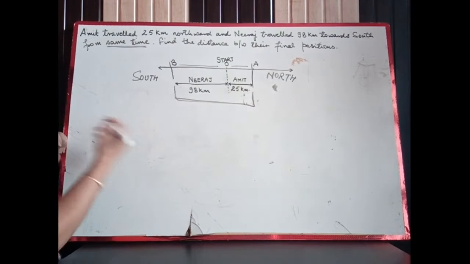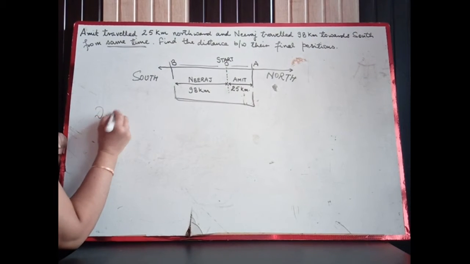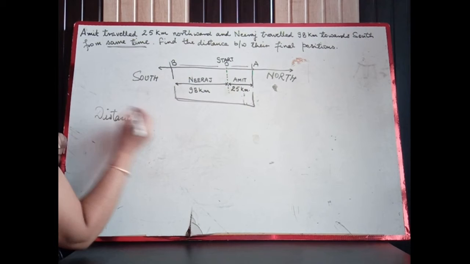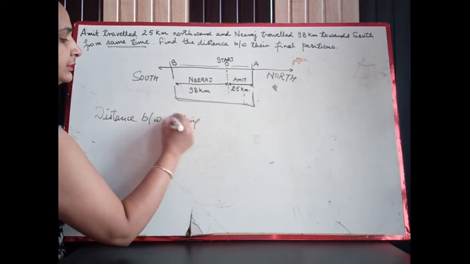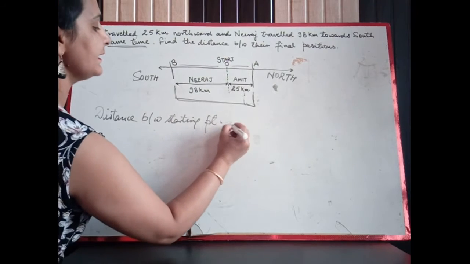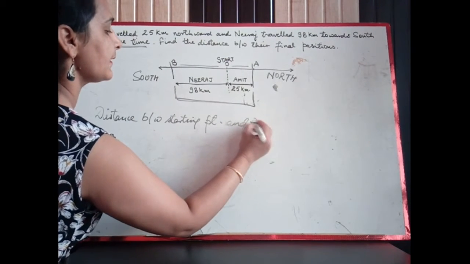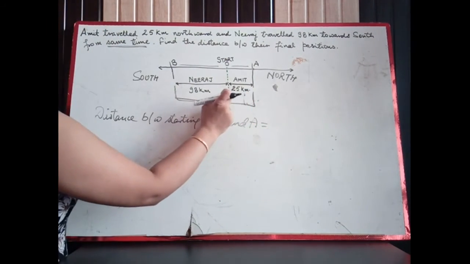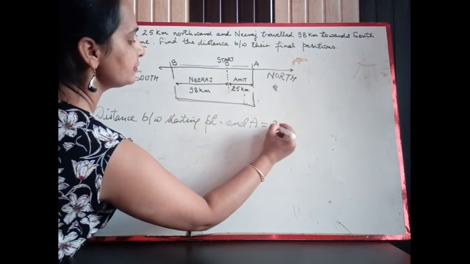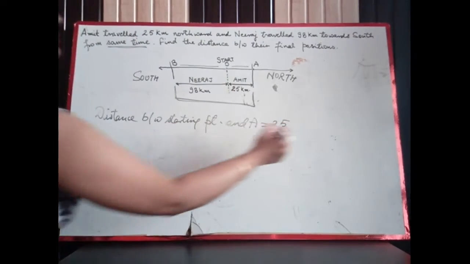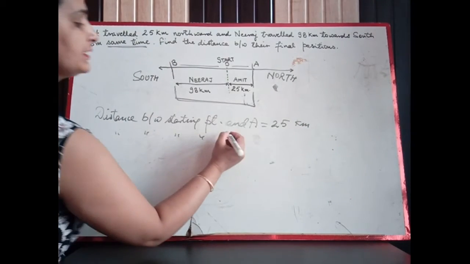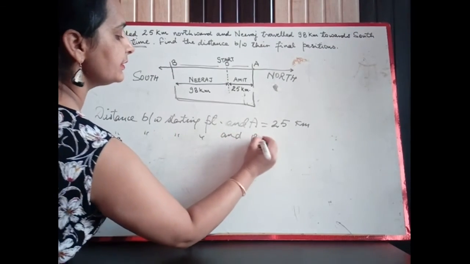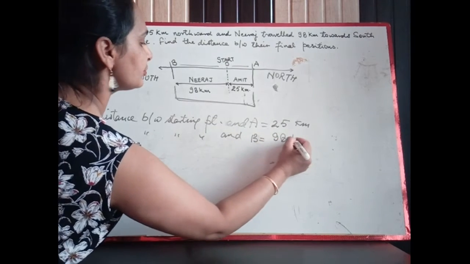How will we write it? Distance between starting point and A is equal to 25 kilometers. Distance between starting point and B is equal to 98 kilometers.